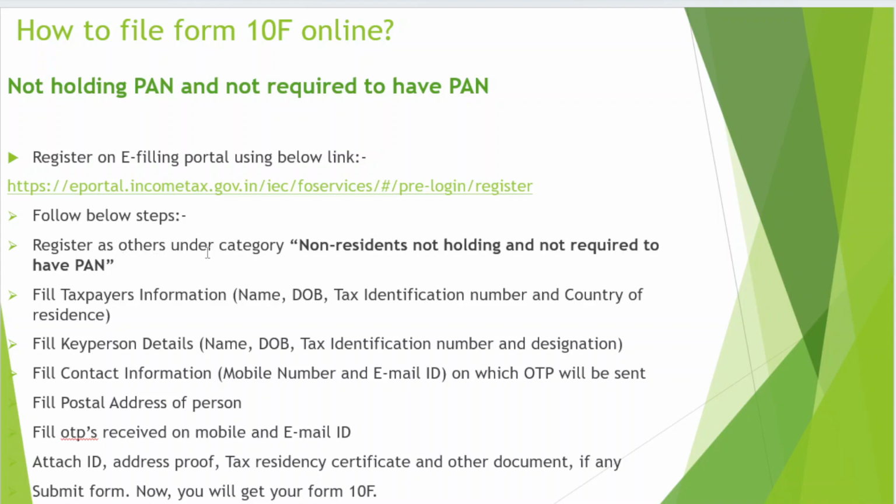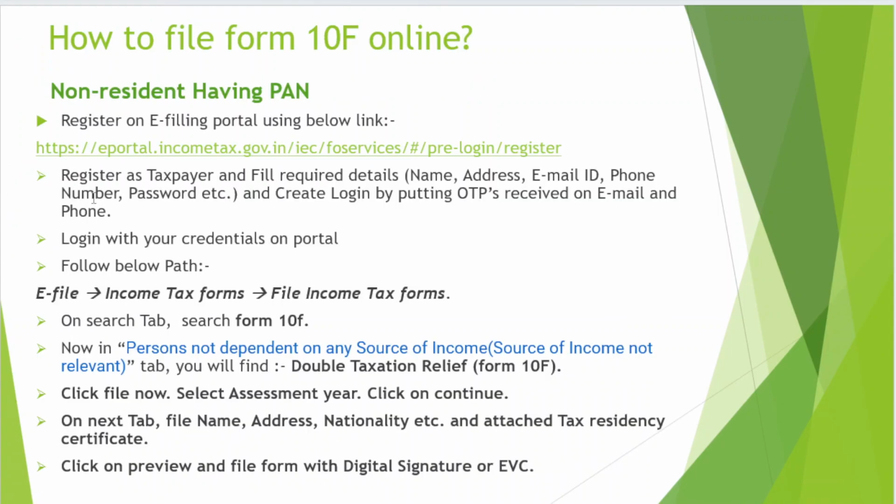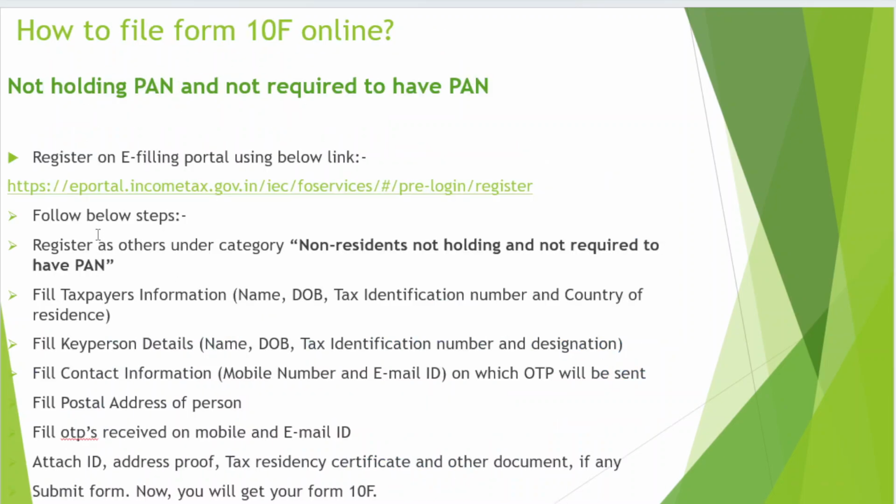Register as others. In the previous slide, I registered as a taxpayer, but here, because this person is not holding PAN, he is not a taxpayer. So he will register as others, under the category non-resident not holding PAN and not required to have PAN. Then fill the taxpayer information: name, date of birth, tax identification number, and country of residence.